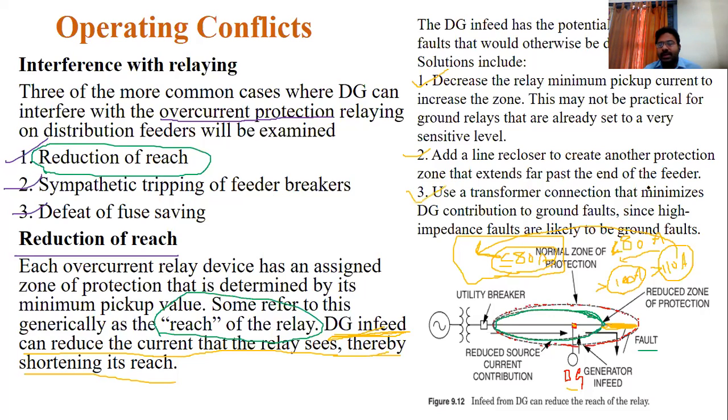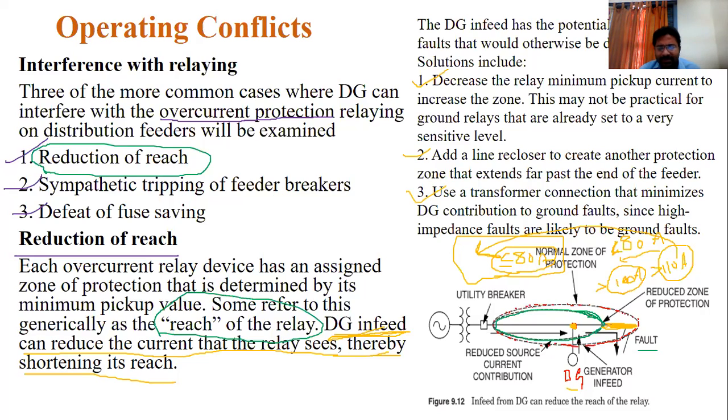Use a transformer connection that minimizes DG contribution to ground faults. It is how this DG will be connected at the connection point by using some transformers and other things. So that's why you can reduce the high impedance faults and the ground faults. So these are the three cases to avoid the reduction of the reach.